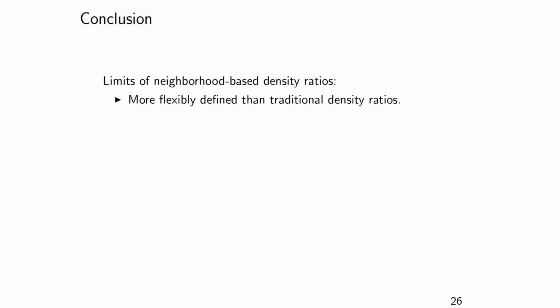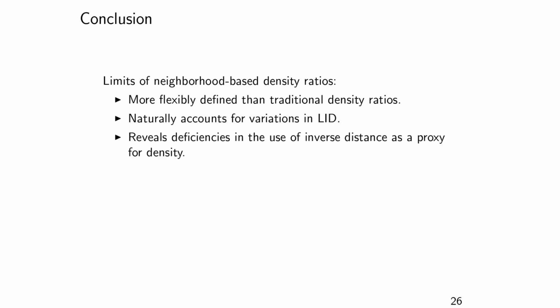Okay, then to conclude, in this paper we've seen that the limits of neighborhood-based density ratios are more flexibly defined than traditional density ratios, and they naturally account for variations in LID. In working with them, the intrinsic dimensionalities pop up where needed.